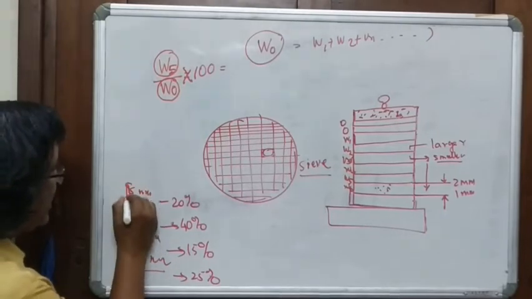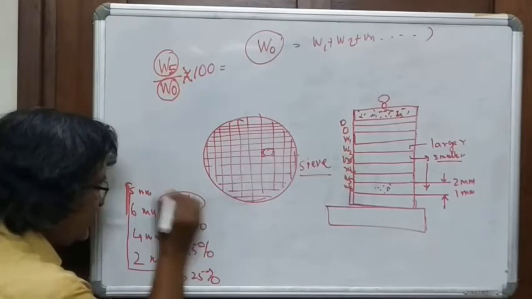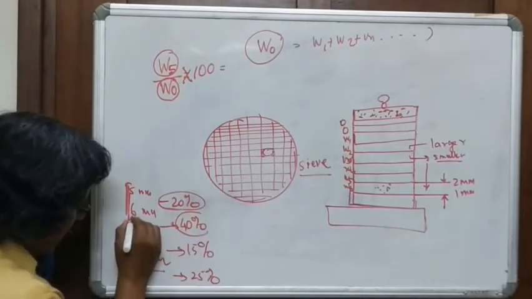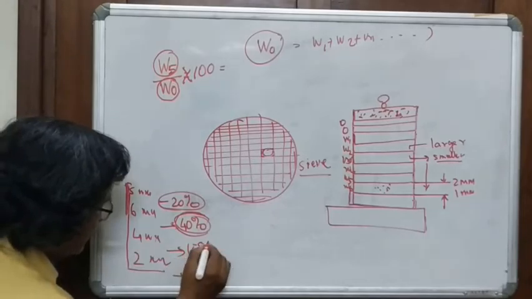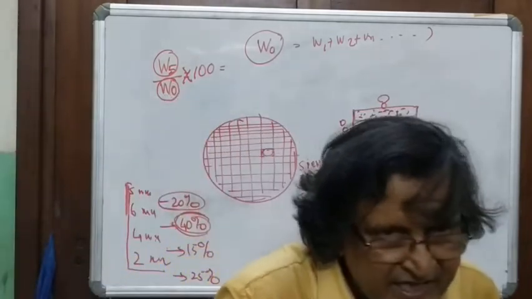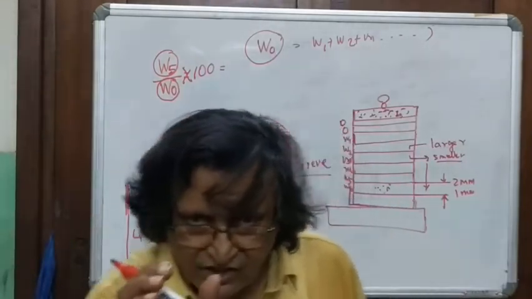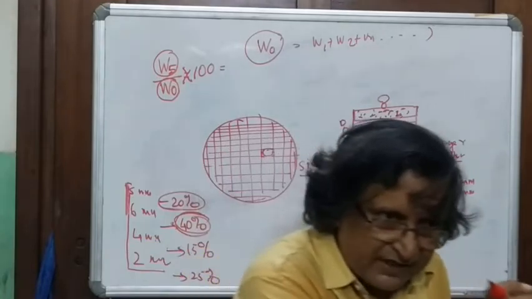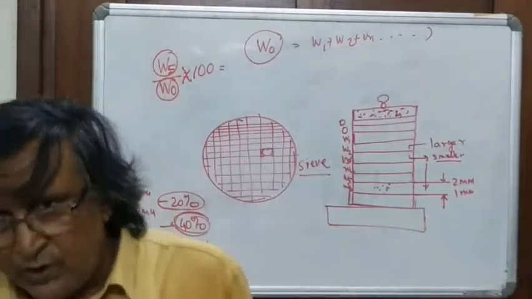This is called the class interval: between 8 and 6 millimeters, they constitute 20%. Between 6 and 4 millimeters, they are 40%. Between 4 and 2 millimeters, they are 15%. So what I get is a statistical measure of the number of sizes, and the fraction of each size in the total sample. I get it.